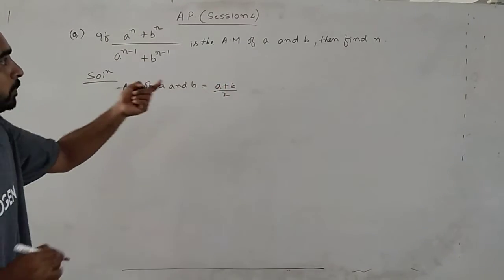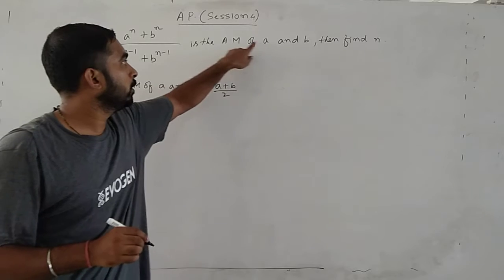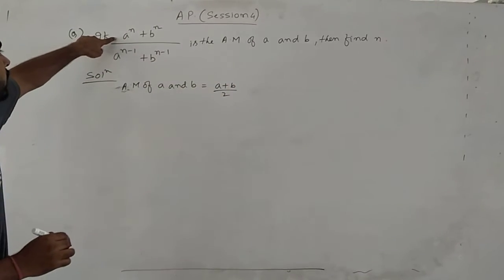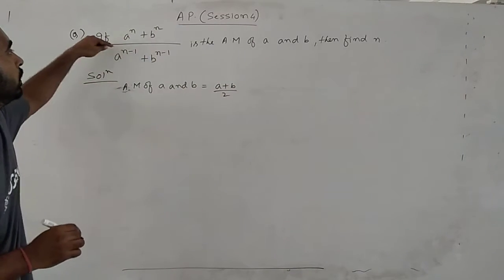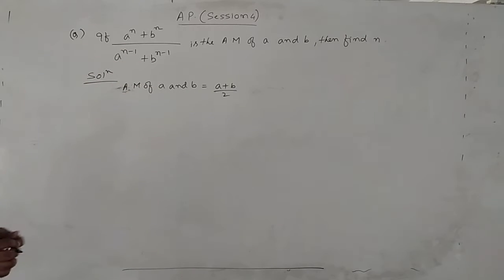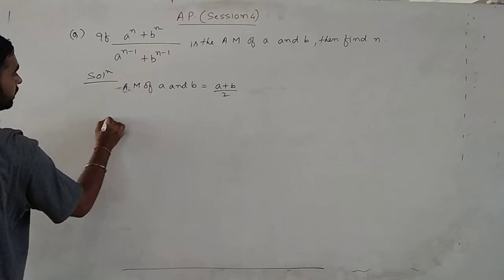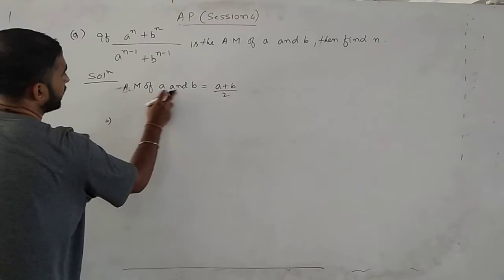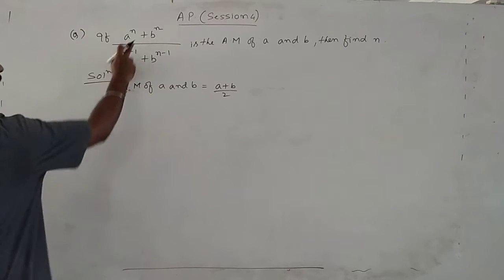And here in this particular question, the AM of a and b is given as a to the power n plus b to the power n, whole divided by a to the power n minus 1 plus b to the power n minus 1. So here, in place of the AM of a and b, we replace this one by this value.